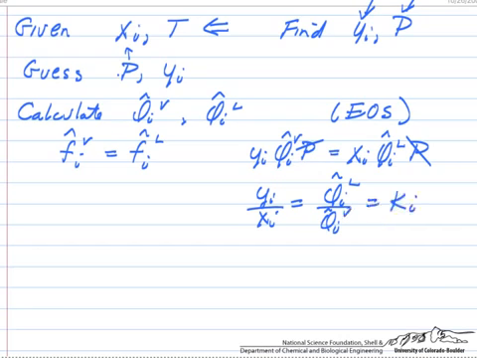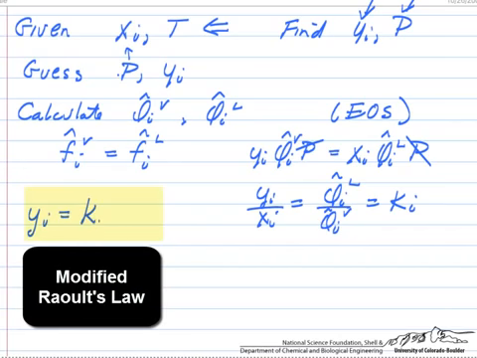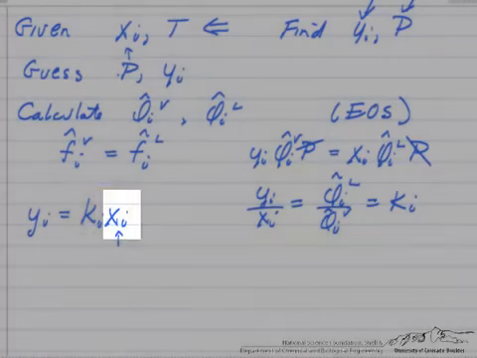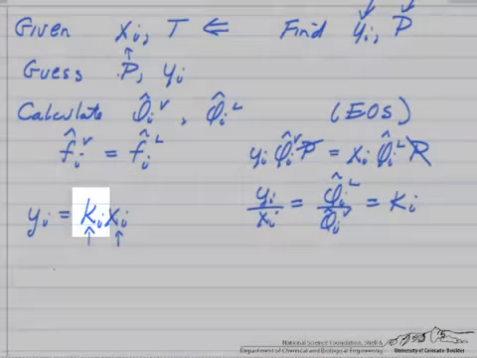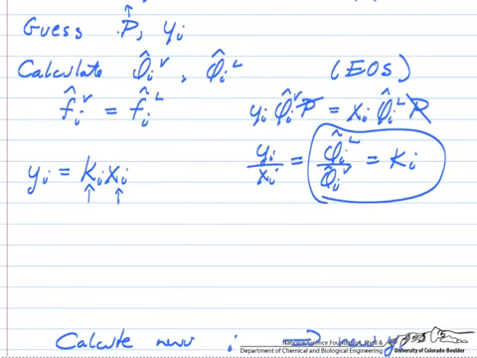So once we have calculated the fugacity coefficients, we can make use of equilibrium to say the new yi value is ki times xi, which is just the modified Raoult's law. Because ki is the ratio of fugacity coefficients, the yi we calculate is going to be different from the yi we guess, unless some amazing miracle happens.